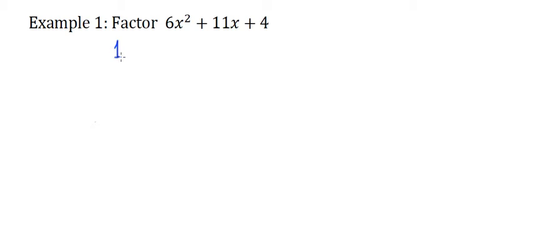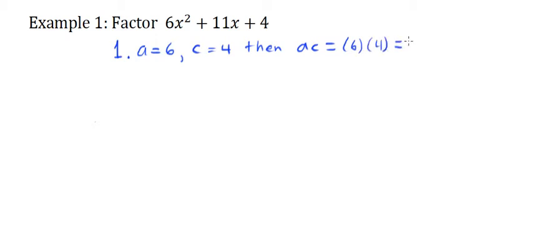Step 1. We have to compute AC, the multiplication of a and c. a is equal to 6. c is equal to 4, the last term. Then AC equals 6 times 4, which is equal to 24. So AC equals 24.